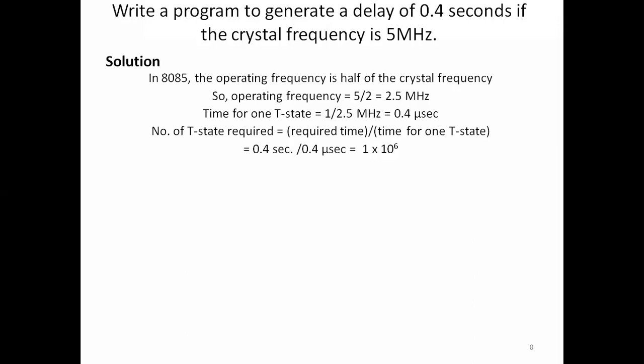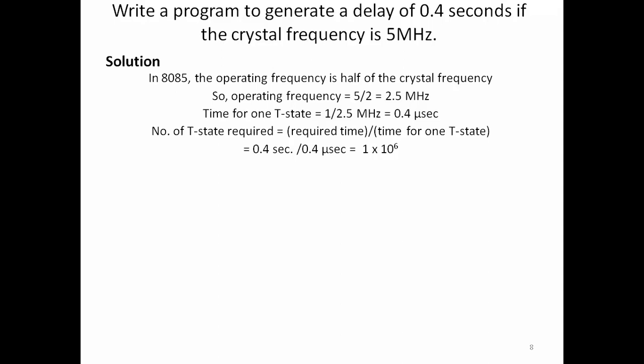So we know the time for 1 T state, 0.4 microsecond, and the total delay required. With that, we are able to find the number of T states required. The number of T states will be the total required delay, 0.4 second, upon the time for 1 T state, 0.4 microsecond.